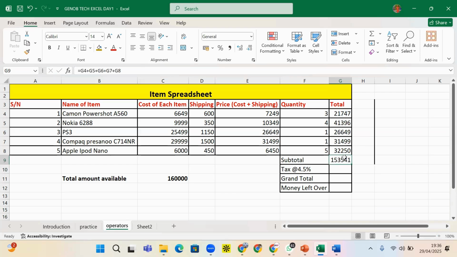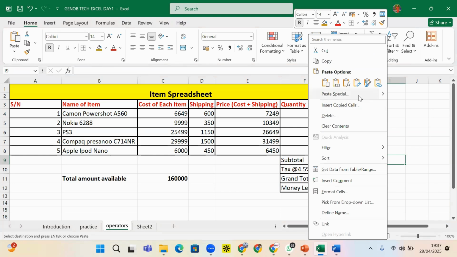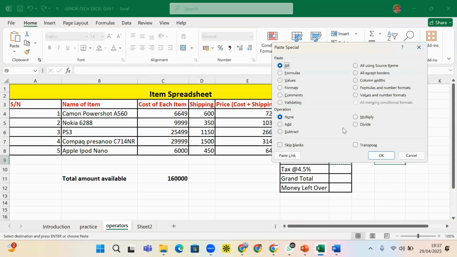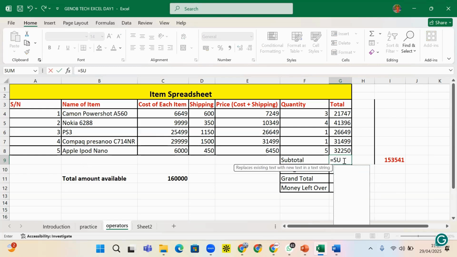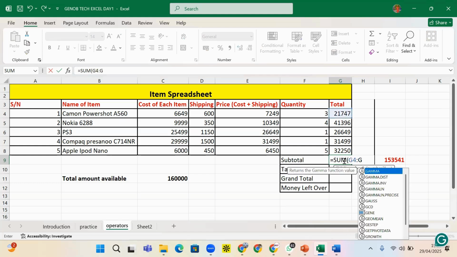Let me copy this to another place. I copy it, then I paste special, pasting only the value. Okay, I have it here, so I will delete this. Let's see a very simple way to calculate it. I use the function called sum: equal to sum, open bracket, G4 colon G8.